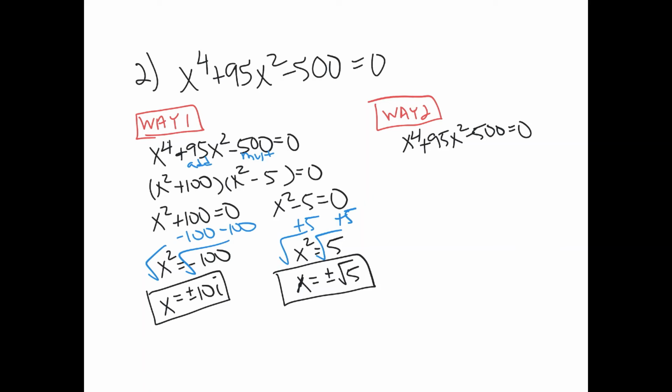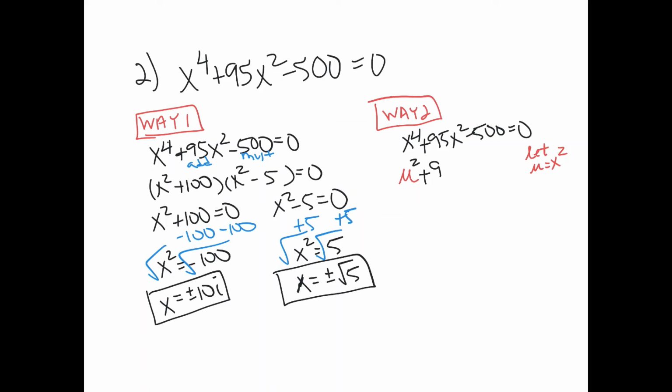Since this is x to the 4th and this is x squared, let's let u equal x squared. Well, if I let u equal x squared, how do I get x to the 4th? That's just going to be u squared, x squared squared.